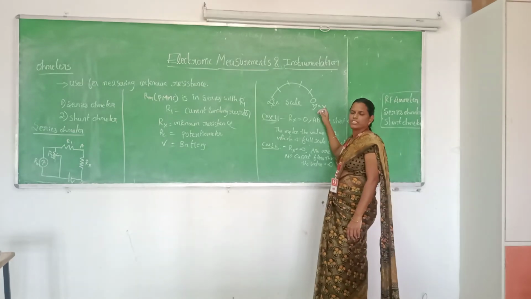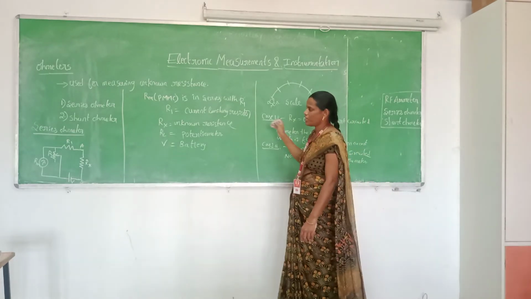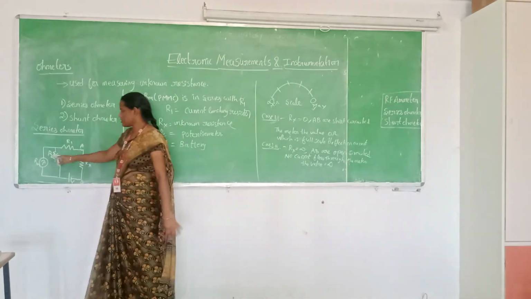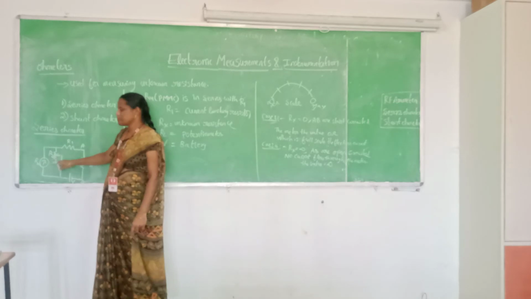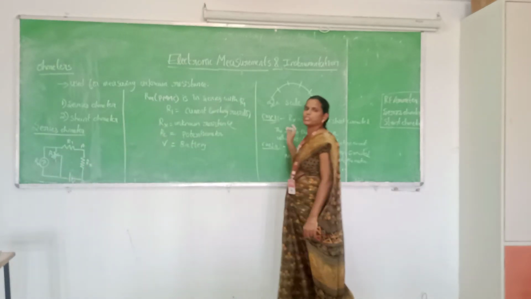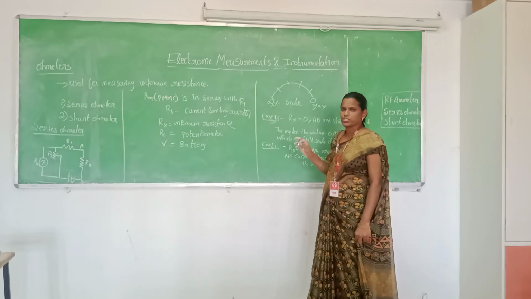To solve this problem, we have to change the resistor value R2. This potentiometer R2 is adjusted so that we get the deflection value of 0 ohms even though the battery is not working properly.